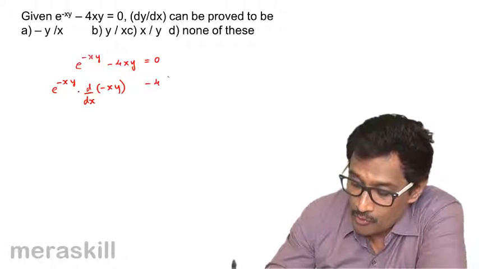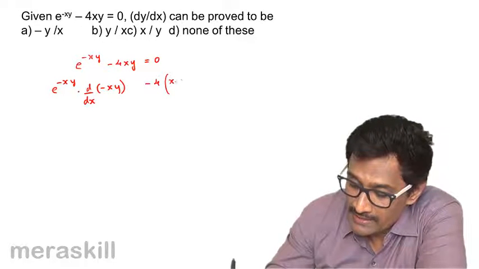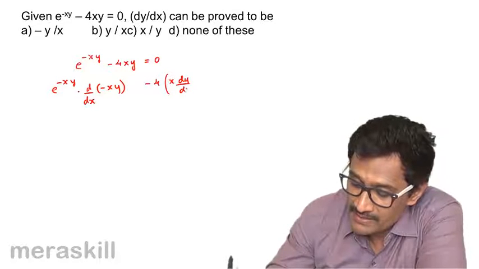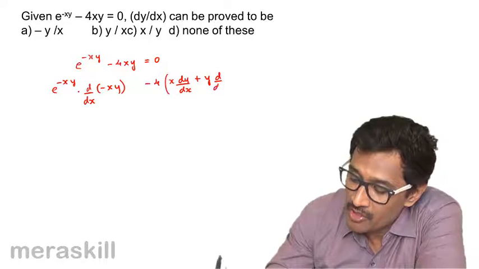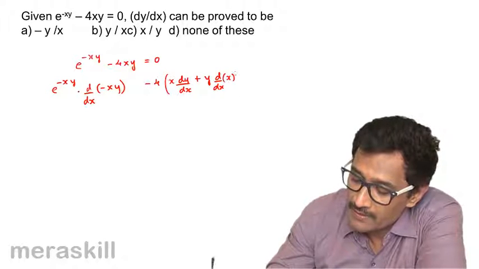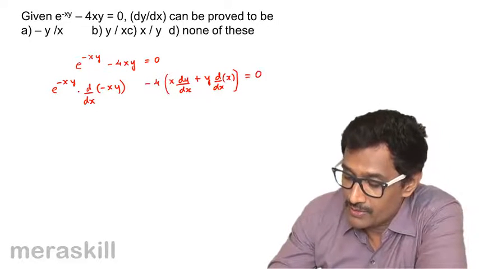Then minus 4 into x into dy by dx plus y into d by dx of x is equal to 0.